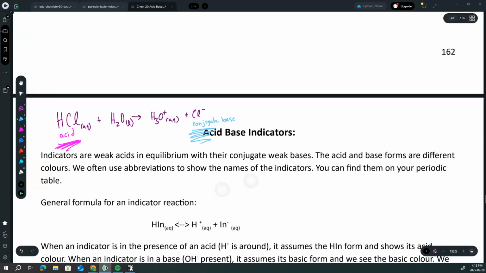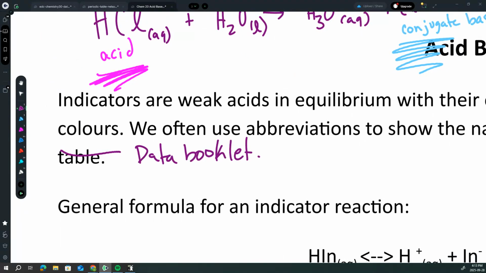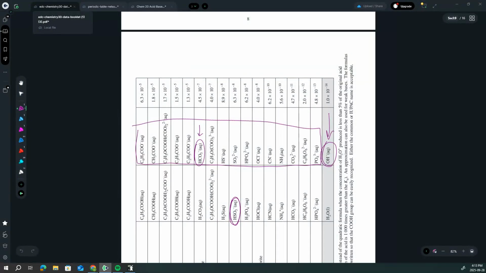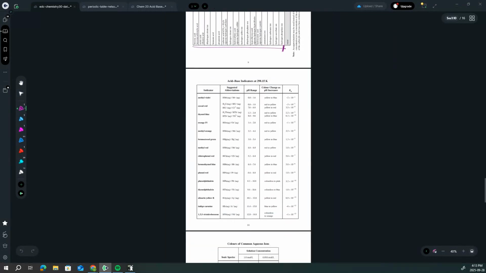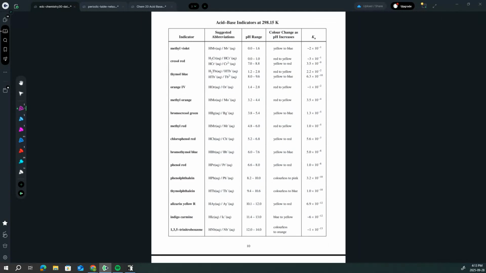visual for you. We use abbreviations to show the names of indicators because otherwise they get fairly long, and you can find them not in your periodic table, but in your data booklet. So let's cross that out and write data booklet. If we go to our data booklet here, we'll find the indicators on page 10.